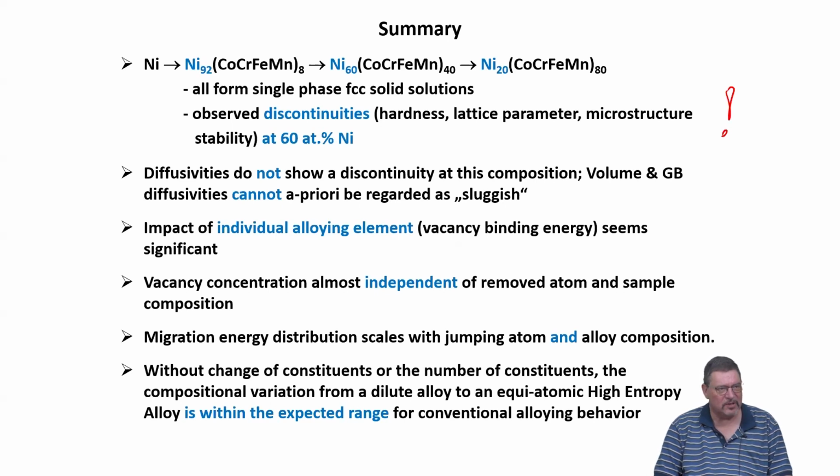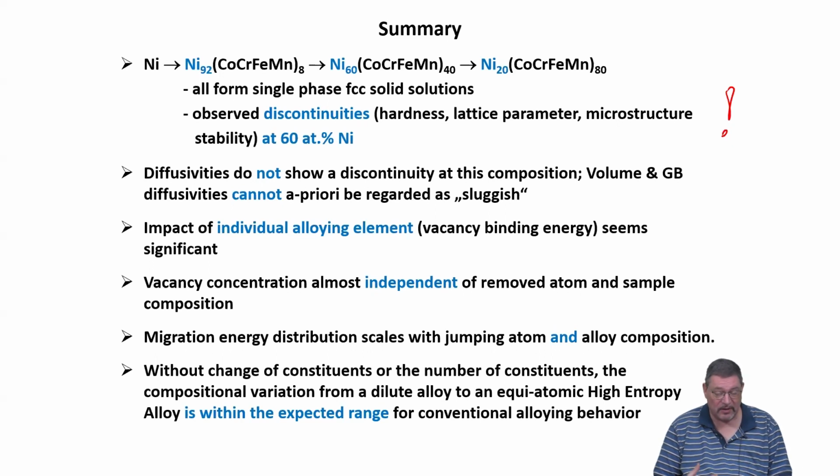Now, what about grain boundary diffusivity? Could it be affected while volume diffusion is not affected? Well, yes, right? I mean, in the end, it's two different diffusion processes. And if the grain boundary structure in a high entropy system would be different as compared to the grain boundary structure of the dilute solid solution, then there could be differences.